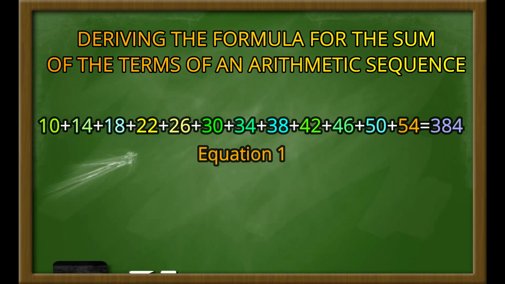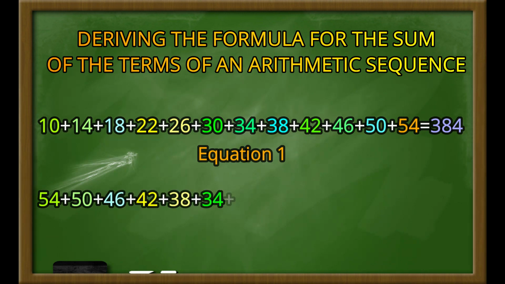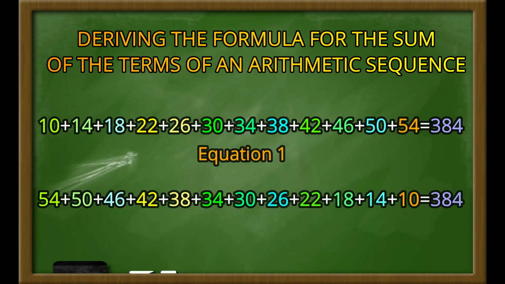In equation 1, we started with the first row going to the last row. If we write the terms in a reverse order, we can still have the same sum. So we start with 54 and end with 10. It will also give us the sum of 384. We will now have this as our equation 2.